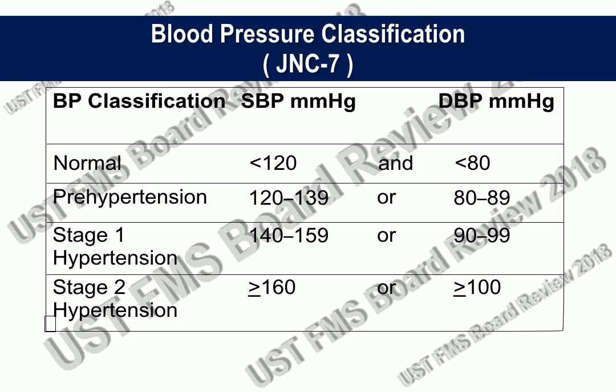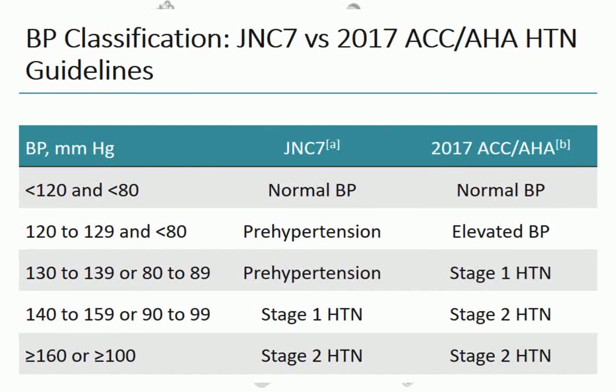Now, just to compare it with the controversial recent hypertension guidelines published by the American College of Cardiology, which sets a lower cutoff for blood pressure of 130 to 139 or 80 to 89 diastolic to define stage 1 hypertension.